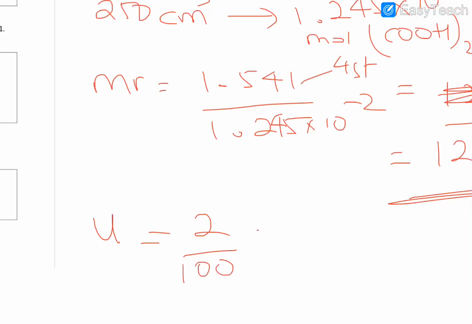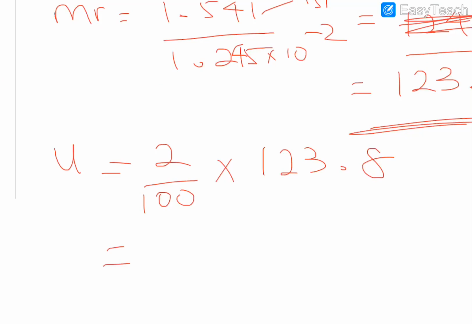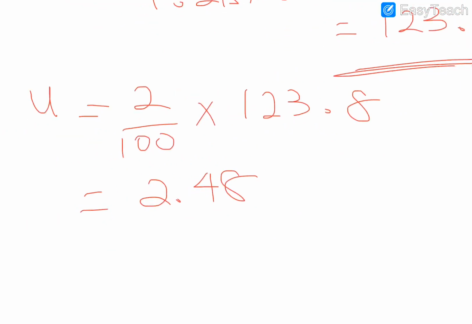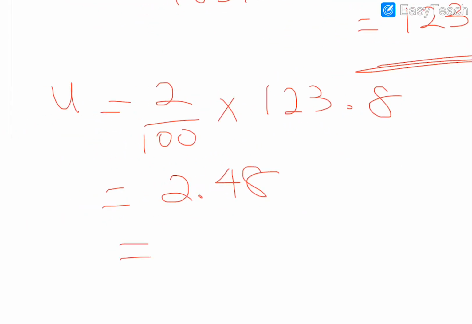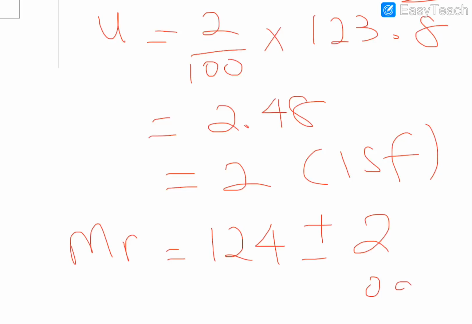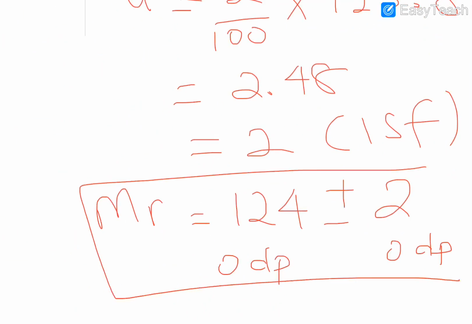So 2% of this value gives me 2.48. This is the absolute uncertainty in the Mr, but I need to give this to 1 SF, so that's going to be 2, which means that the Mr should be 124 plus minus 2, because this is to 0 dp, so this has to be to 0 dp as well. Okay, so that's the Mr of oxalic acid.